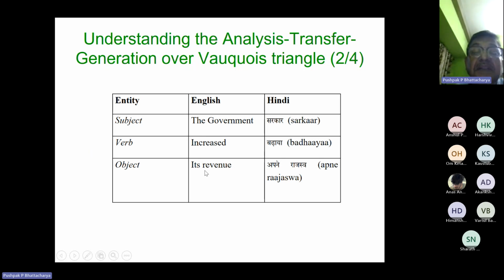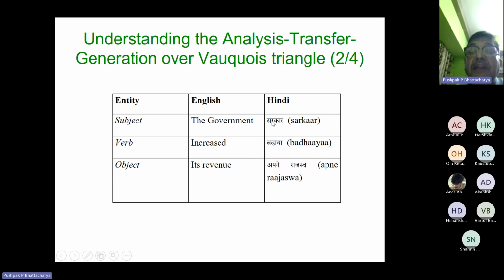Object is its revenue. Even the and its are actually qualifiers. The core elements of the sentence are government, increased, revenue. So corresponding Hindi words are Sarkar, increased Badhaya, Rajaswa. Sarkar Badhaya Rajaswa. Apne will come before Rajaswa.